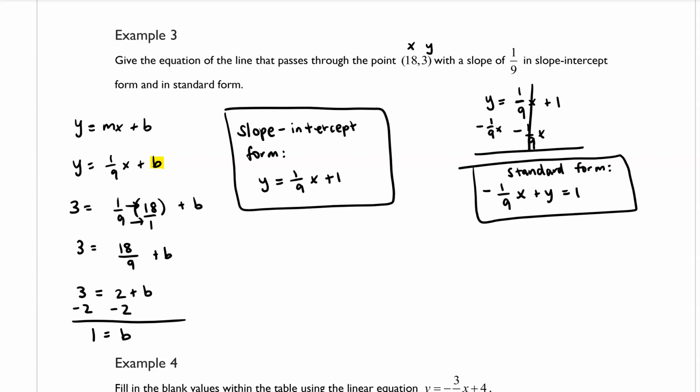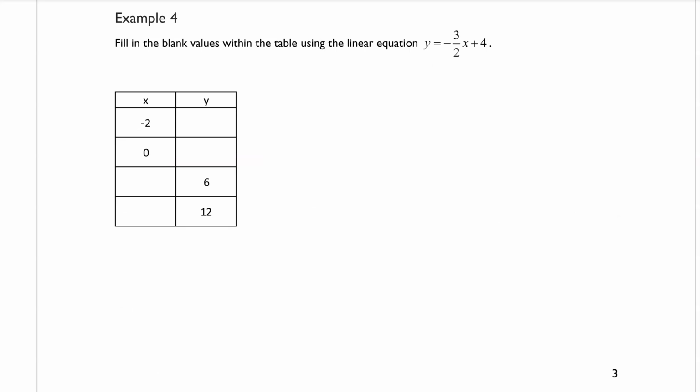Okay. Example 4 wants us to fill in the blank values within the table using the linear equation y = -3/2 x + 4. So here we know that the x value is -2, and we are trying to figure out the y value. So why don't we plug in -2 for x? So we'd get -3/2 times -2 plus 4.